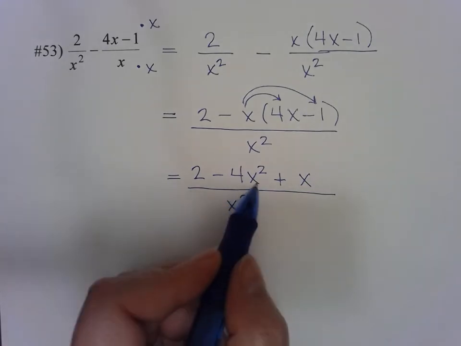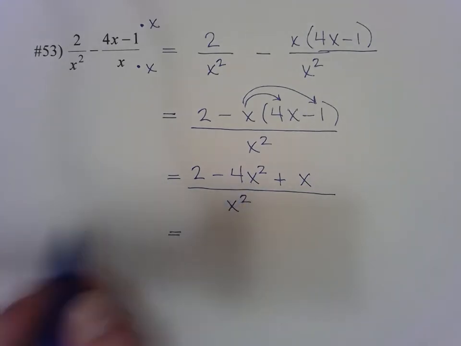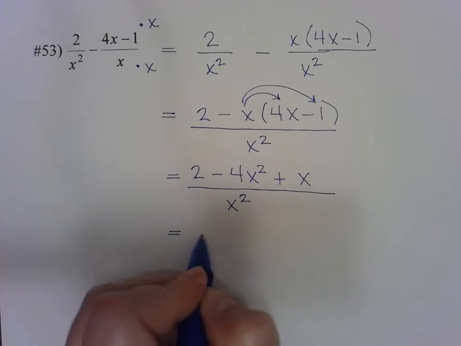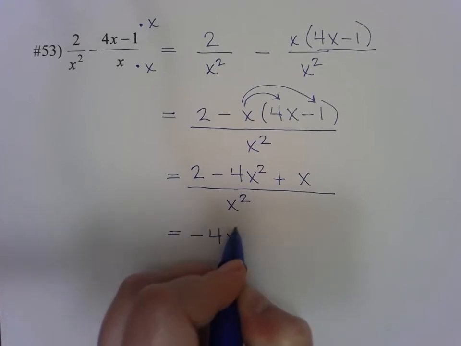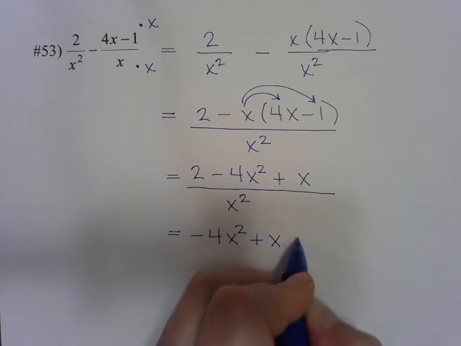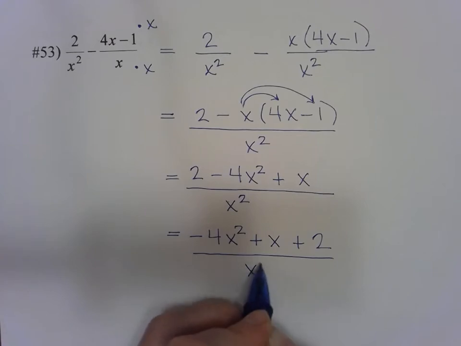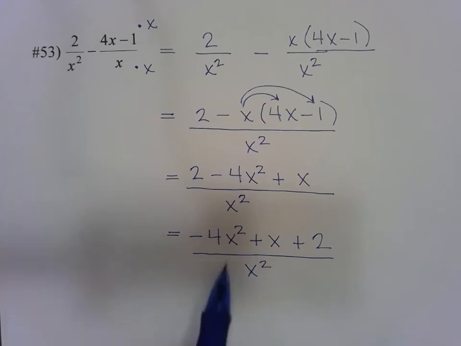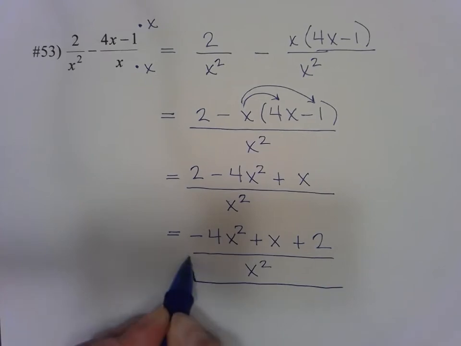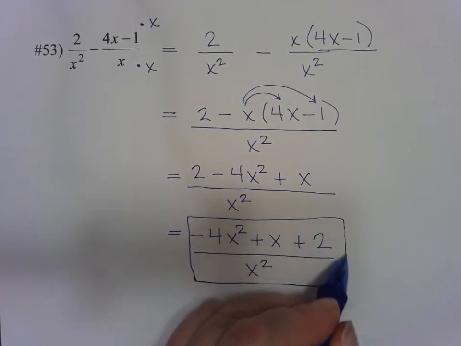Okay, I'm going to go ahead and write this in descending powers of x. All right, and normally I would try to factor this up here. I don't think this is factorable, and even if it was, the factor is not going to be x or x squared. So I think we're done. Right? There's nothing really that we can do to reduce this. So this is our final answer.